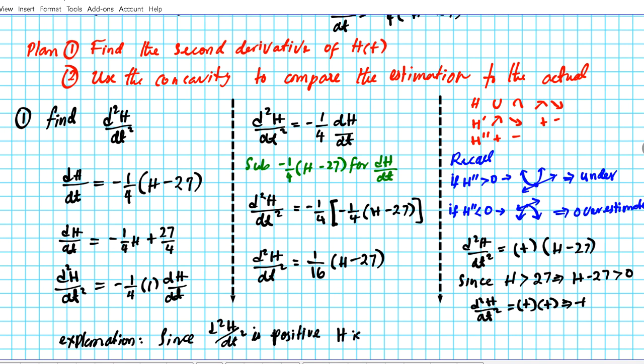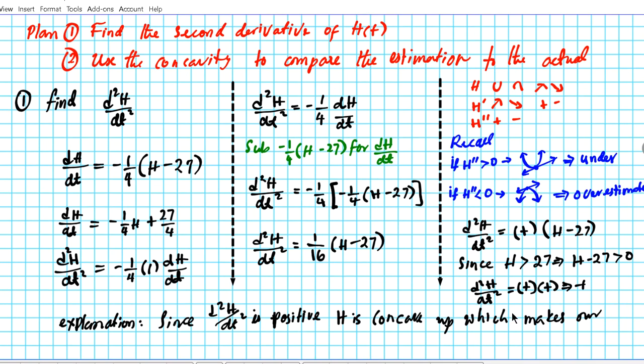H is concave up, which makes our tangent line approximation what? If it's concave up, our tangent line approximation will be underneath, as indicated here. Okay, it's going to be underneath the function always for upward facing concavity. So a tangent line approximation will be an underestimate.